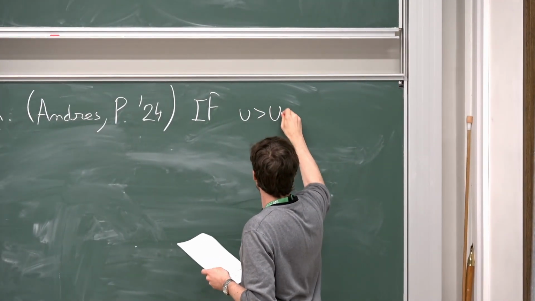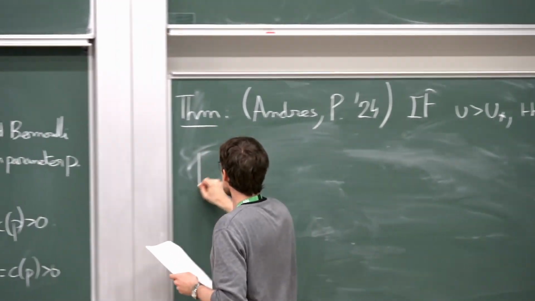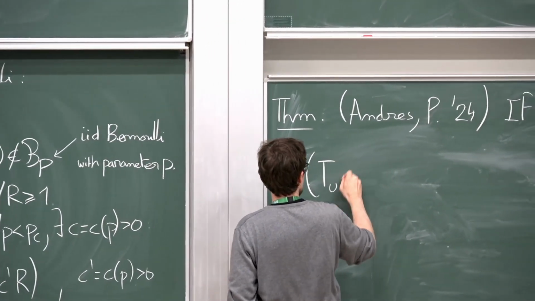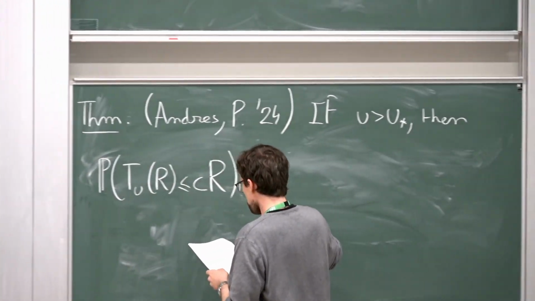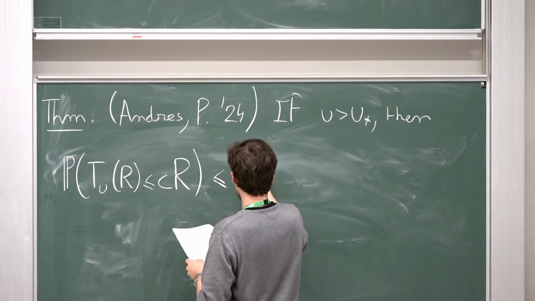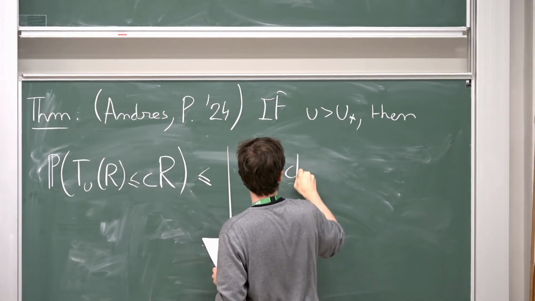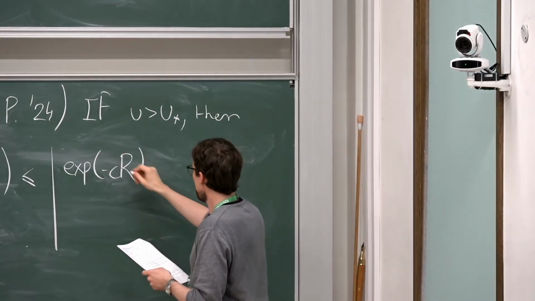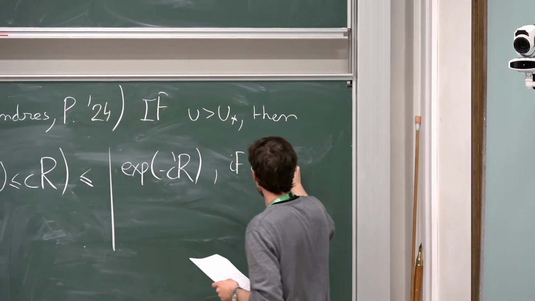If u is larger than u star, then the probability that your first passage percolation is sublinear decays as follows. The first one looks exactly like the result from Kesten. This is if d is larger than 4.